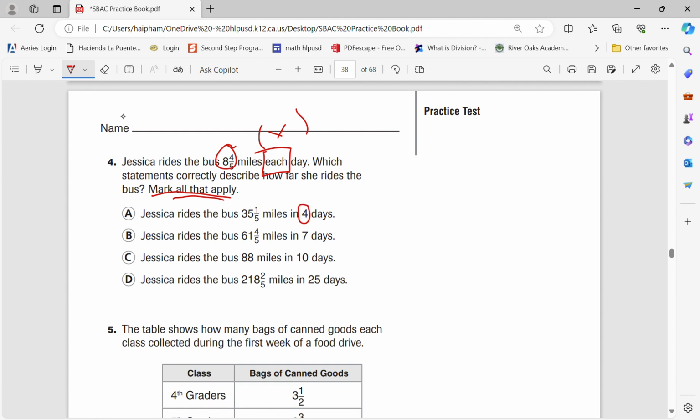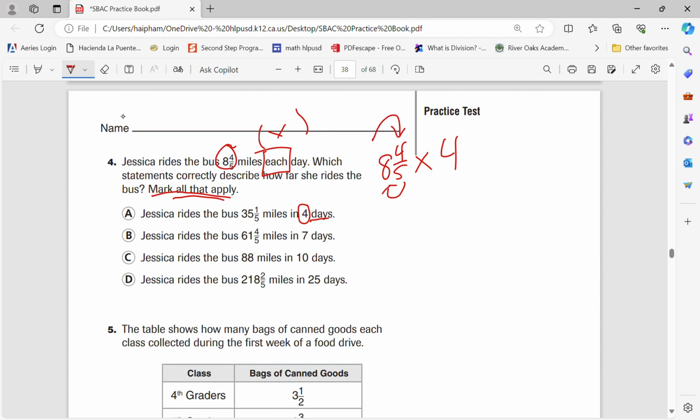So they're saying since it's in 4 days, we take the number of how many miles she rides each day and multiply that by the number of days in the statement. So we have 8 4/5 times 4. Step 1, we are going to convert our mixed numbers and whole numbers into a fraction.